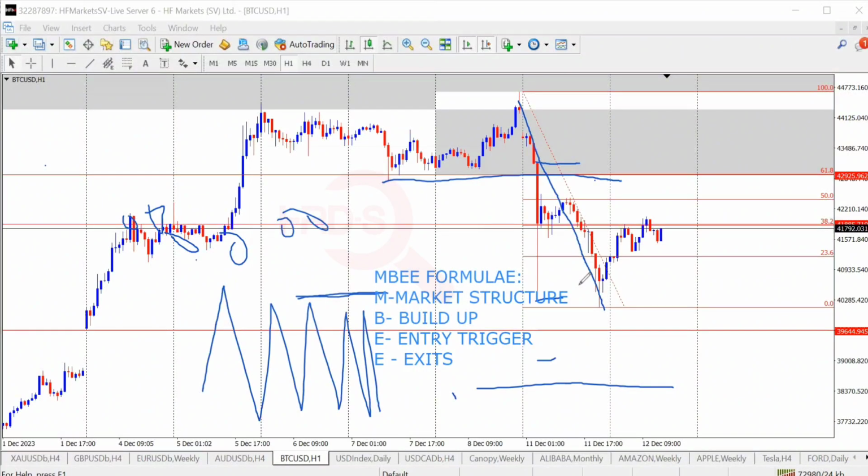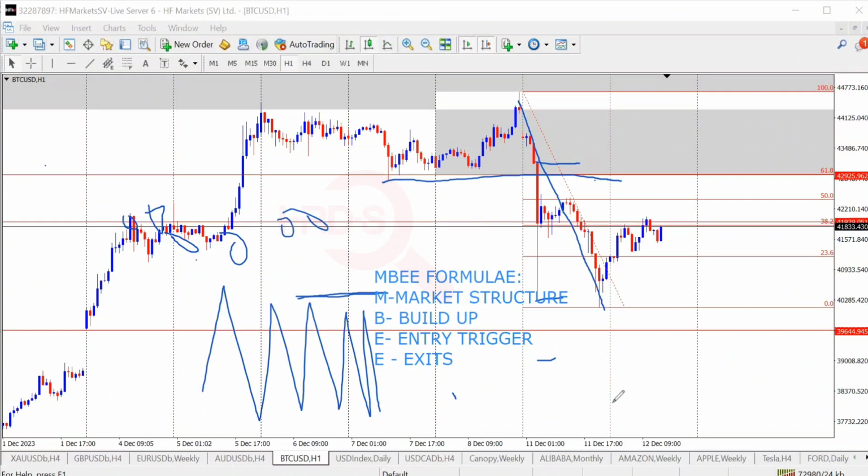So now we have identified the market structure to be distribution or accumulation phase. What do we do next? Build up at accumulation level shows that buyers are willing to buy at higher prices. And there is a lack of selling pressure to push price lower. Okay, this is the way it is.